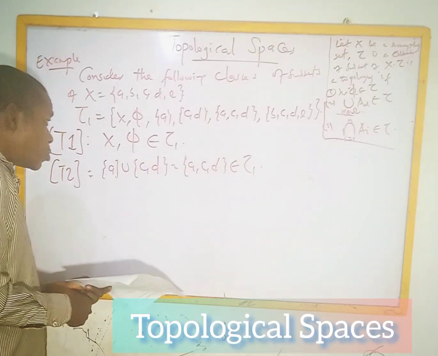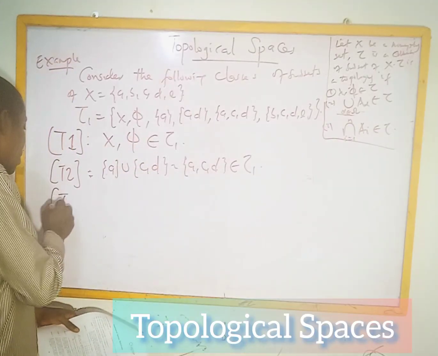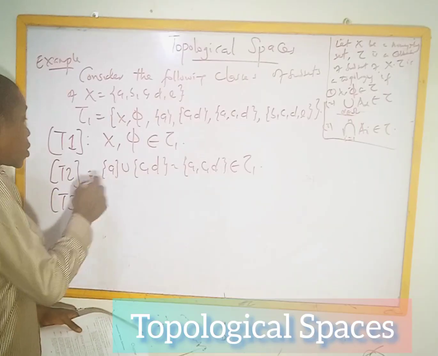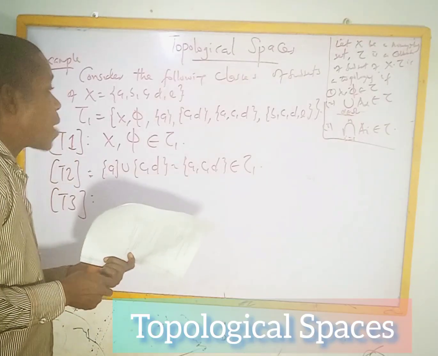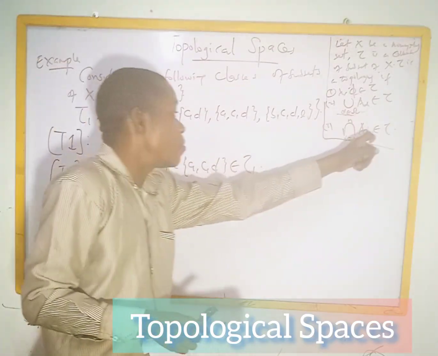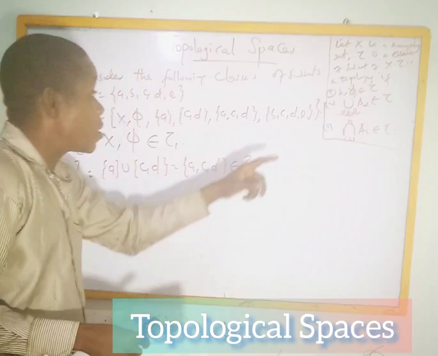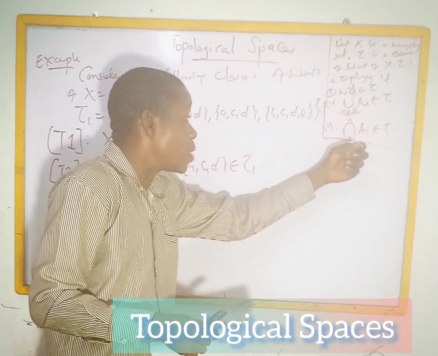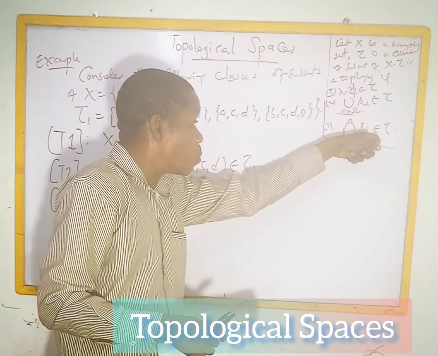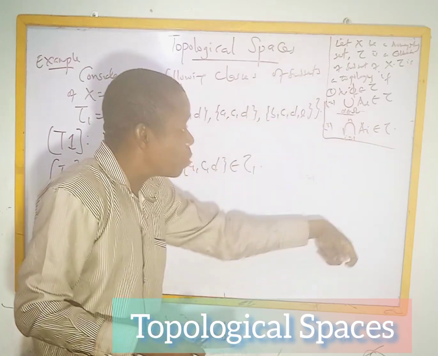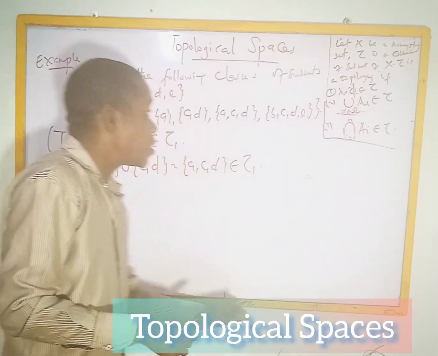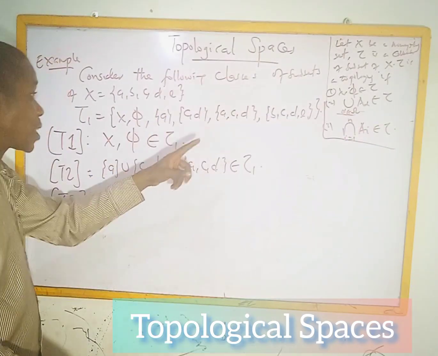Then the third condition, let's say T3. The third condition is that for any finite members of that topology, the intersection of any finite members must also be in that topology.